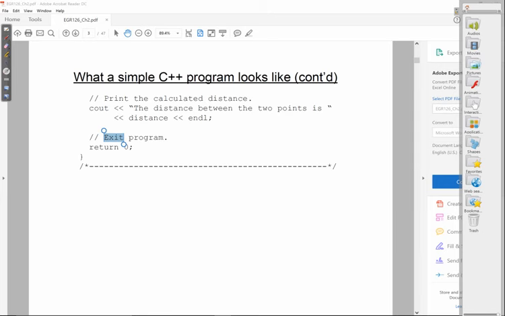Now, what is that line after the closing brace? Think about that for a second. If you said that it's a comment, then you are absolutely right. Can you make out the slash asterisk, which indicates that it's a comment? And I put in a bunch of dashes, then there's the asterisk slash to indicate the end of the comment.